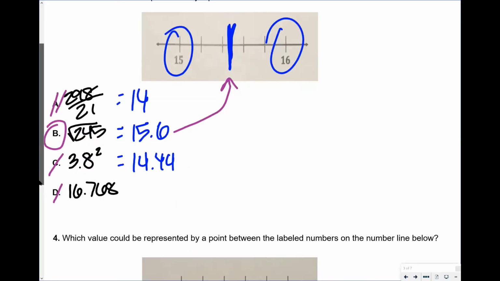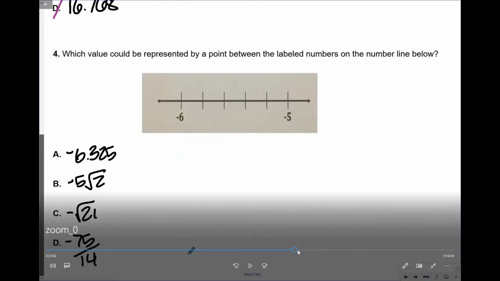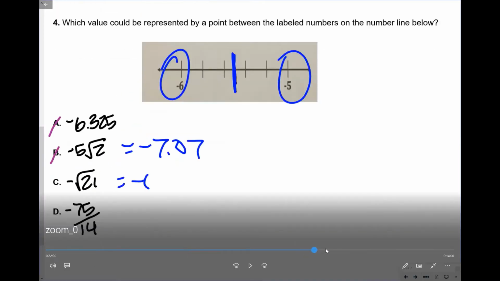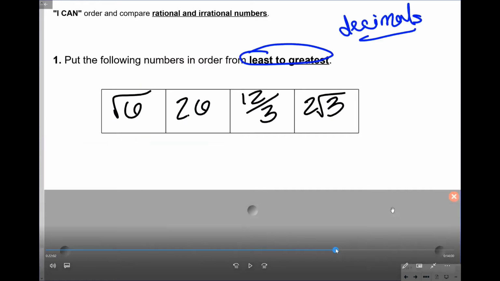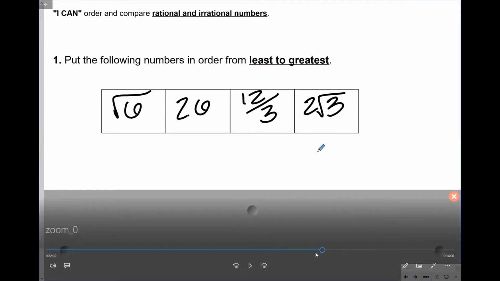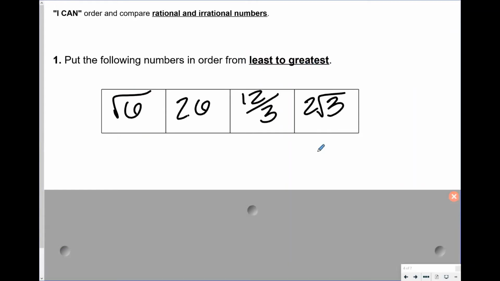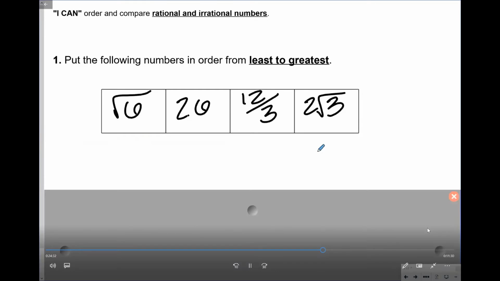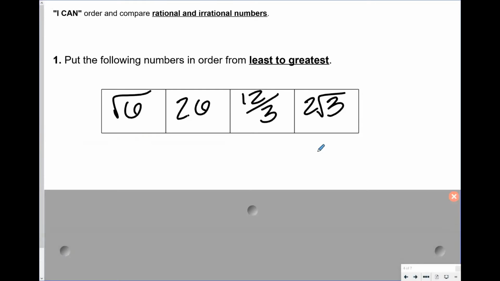Let's go on to the last one. All right, let's go to here. Okay, here we go. Irrational numbers, rational and irrational numbers. So we look at number one here.